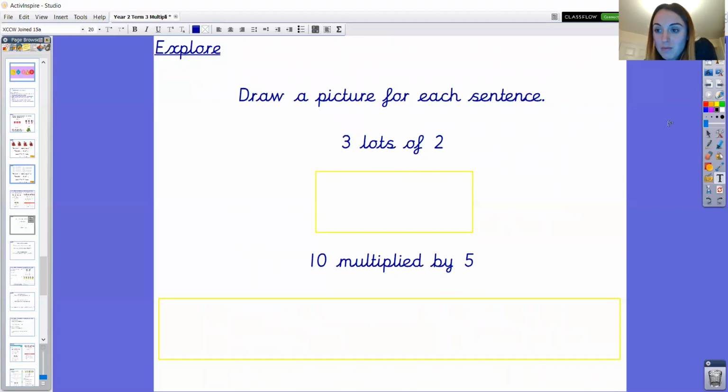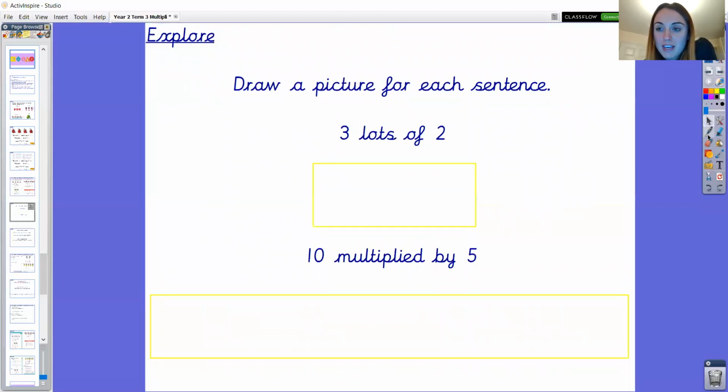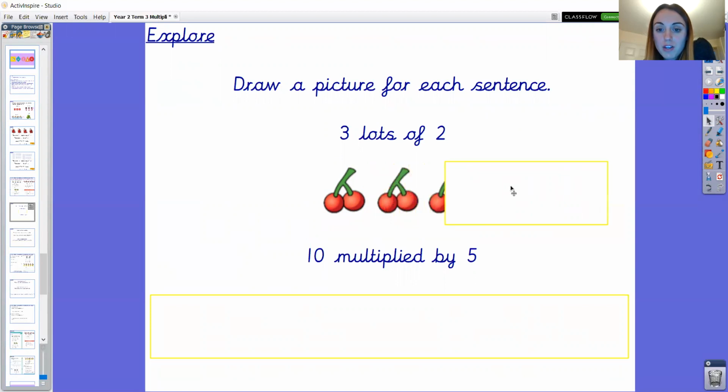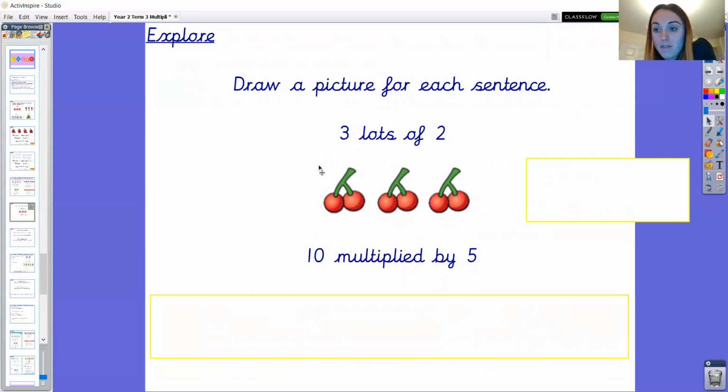Well done, Year 2. I'm just going to share my thinking with you. So 3 lots of 2. So here is 1 equal group of 2. It's 1 lot of 2. 2 lots of 2. 3 lots of 2. So I've chosen to draw 3 pairs of cherries because we know in a pair there is a value of 2.